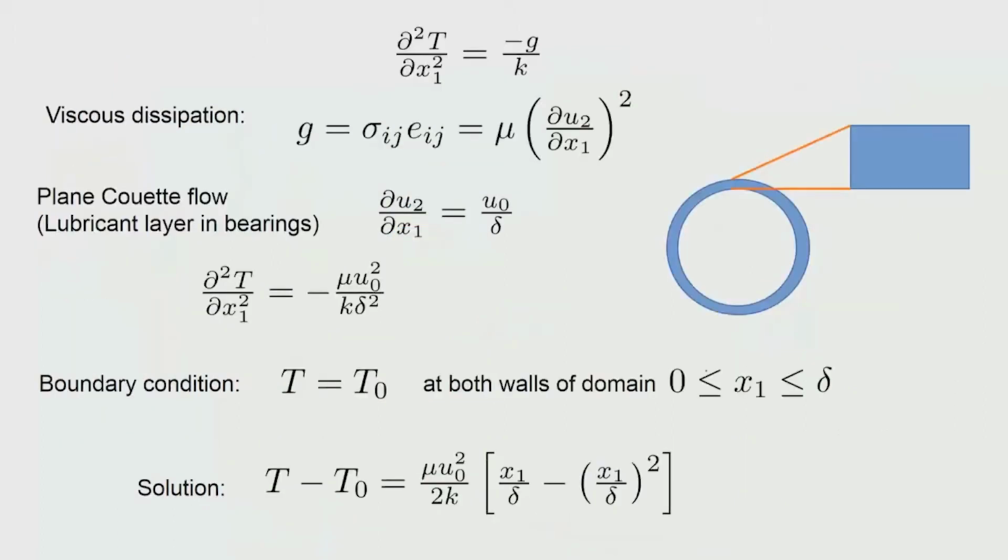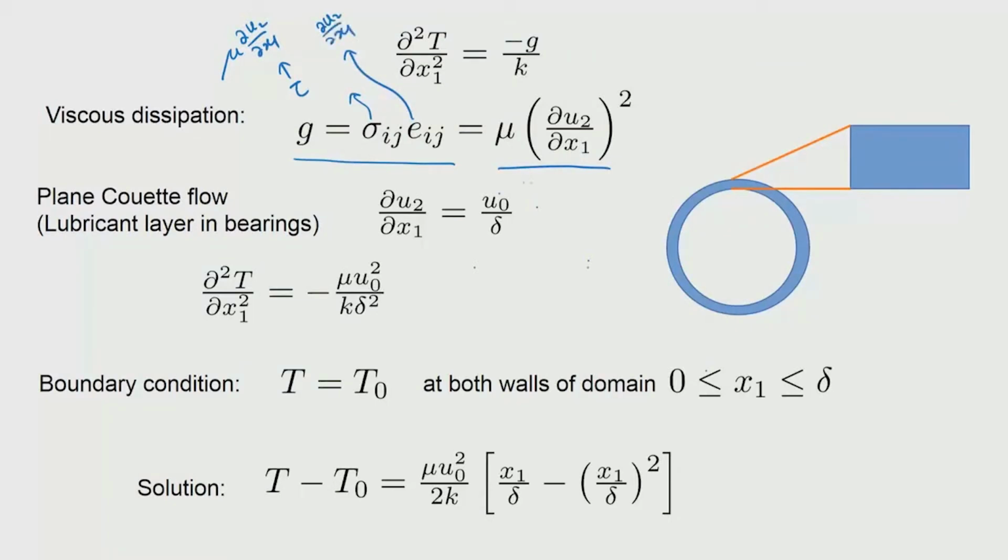In situations where plug flow is not the case, but unidirectional flow is, with variation of velocity in the other two directions, then you do have viscous dissipation coming in. Viscous dissipation is written in this form, and if you recollect the Newtonian viscosity approximation that we have already seen, then tau is given by mu times dou u2 by dou x1, and g is this itself again times dou u2 by dou x1.